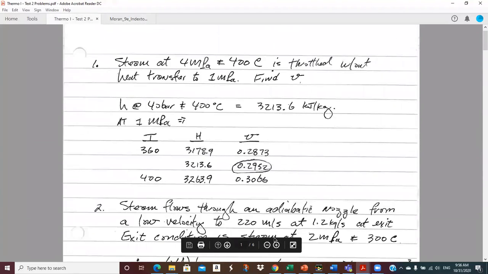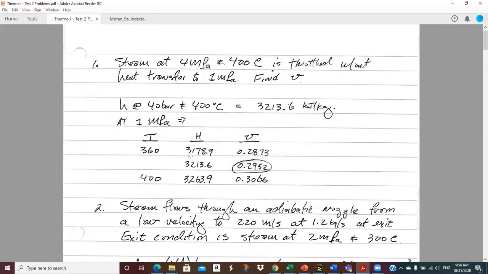Yeah, that's the first one that I worked. Okay, and so there's my 3213.6 at 40 bar, which is 4 MPa, 400 degrees C. I just made copies of numbers out of the table, 360, 3178. I leave a line for my result.